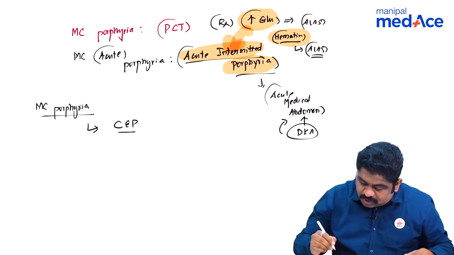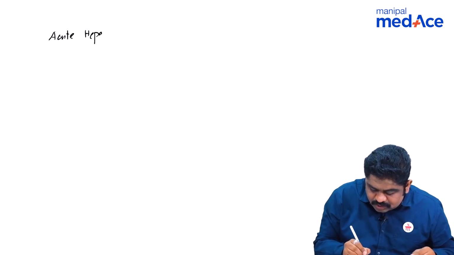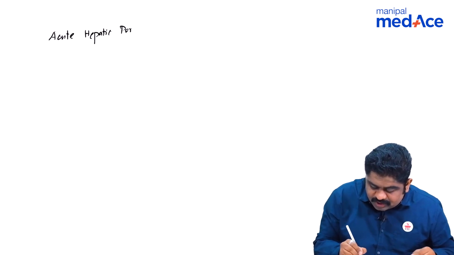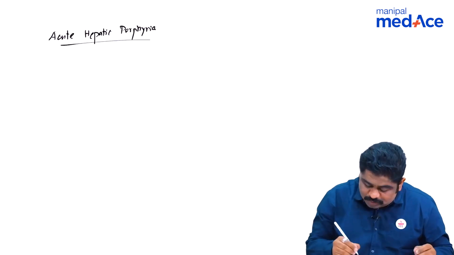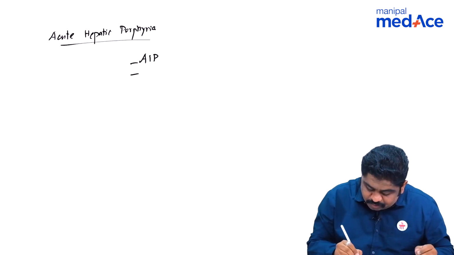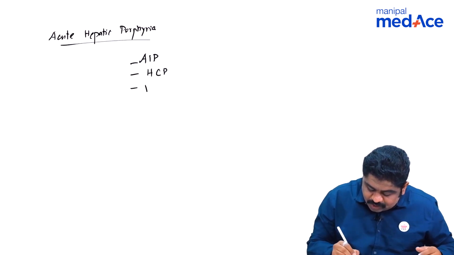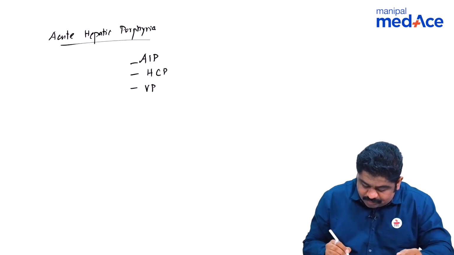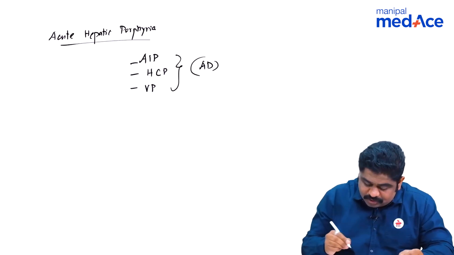Now, let's look at acute hepatic porphyrias. Some acute hepatic porphyrias are, that is, the problem happens to be in the hepatic synthesis also, will be acute intermittent porphyria, hereditary coproporphyria, and variegate porphyria. All three are autosomal dominant diseases. This is for your information.